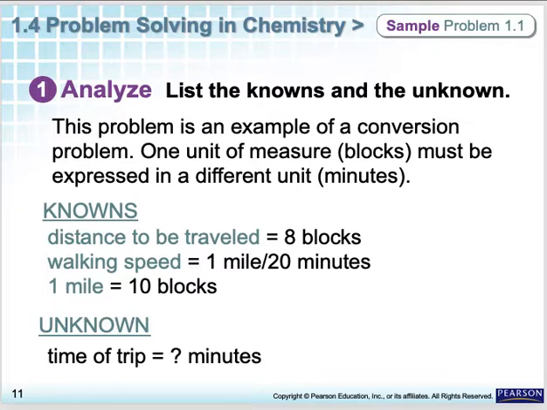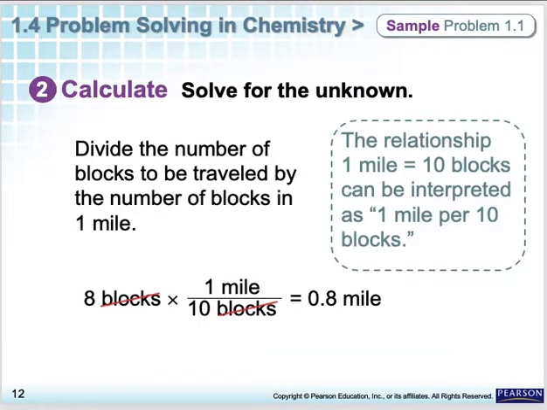So the distance to be traveled is 8 blocks. The walking speed is 1 mile per 20 minutes, and there are 10 blocks in a mile. So what time will the trip take? So we're going to start with how far we're going to travel. So we're going to travel 8 blocks. The first conversion factor we'll use is that there are 10 blocks in 1 mile.